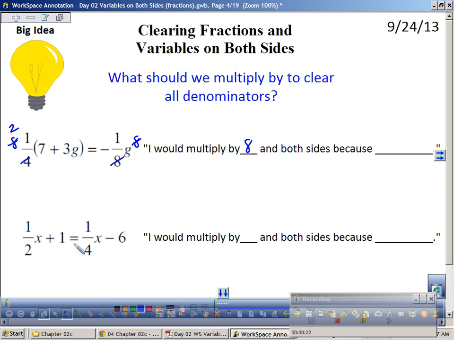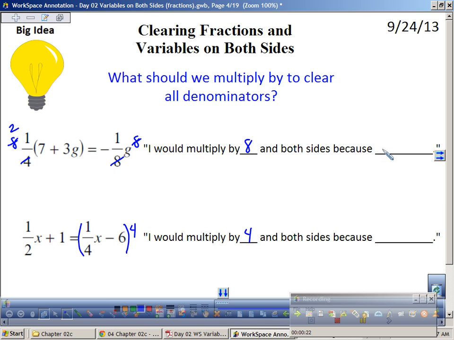Okay, so if I multiply this side by 2 and this side by 2, would that 4 go away? It would? So couldn't you multiply by something a little bit bigger so that the 4... So you would multiply by 4 to both sides.